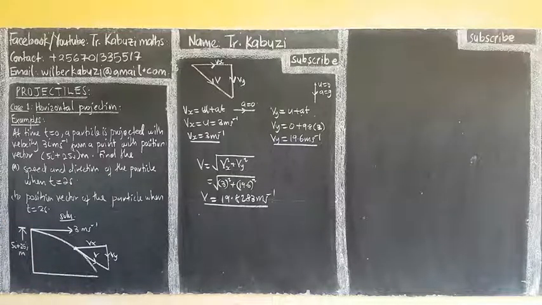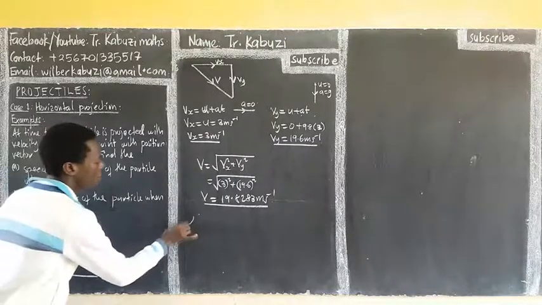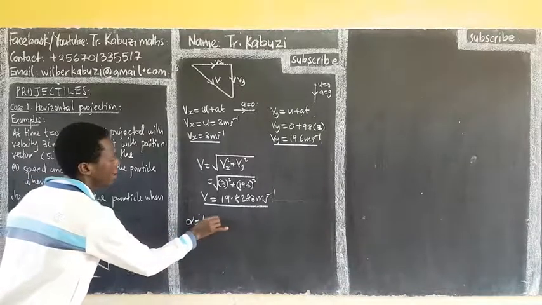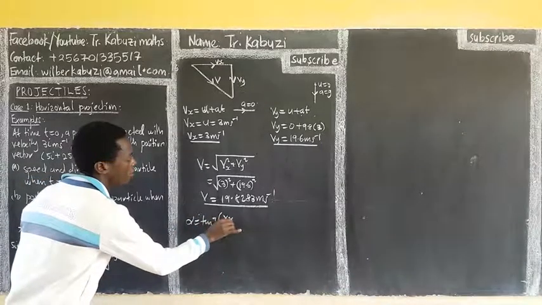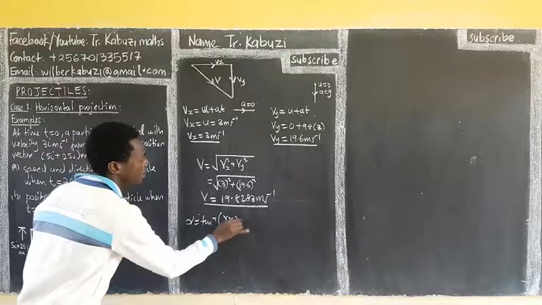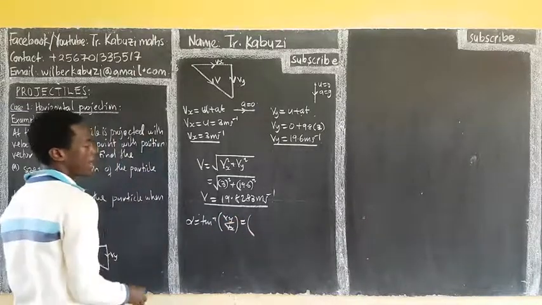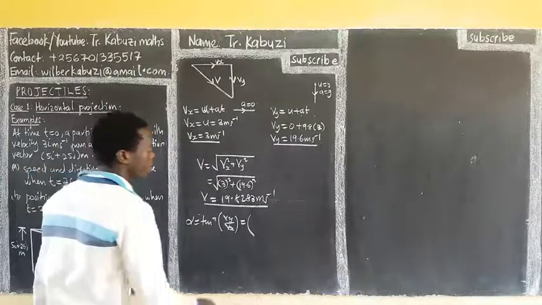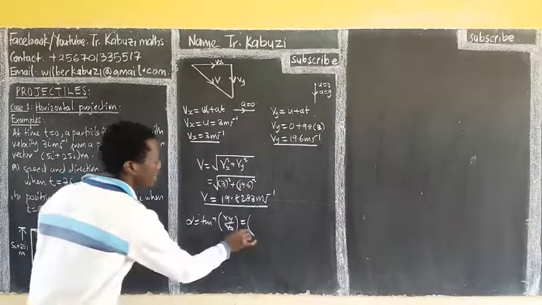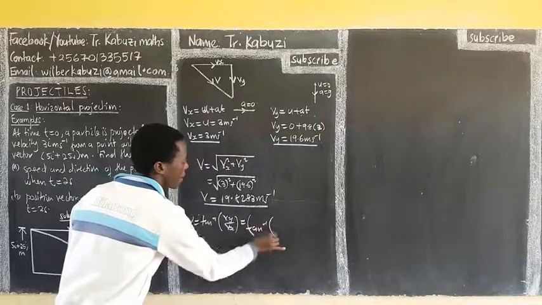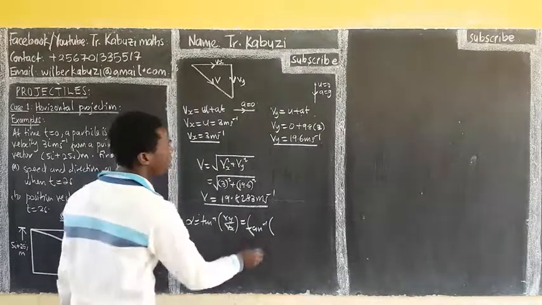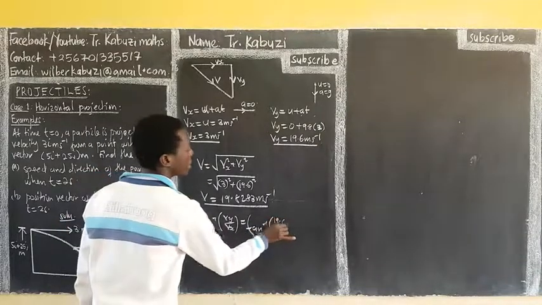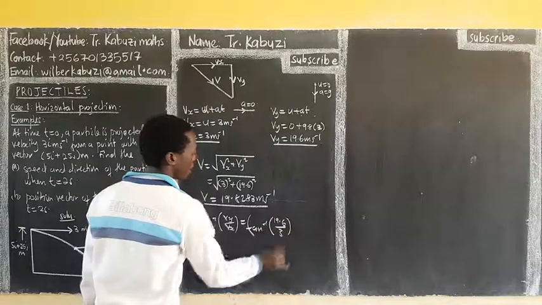Then they're asking us also to get the direction. So our alpha is going to be tan inverse of vy over vx, which is tan inverse of 19.6 over 3.